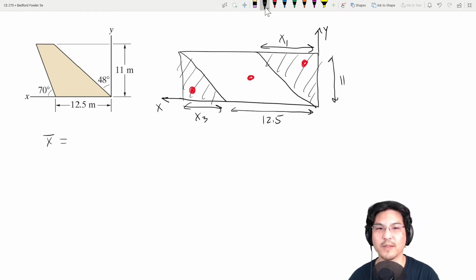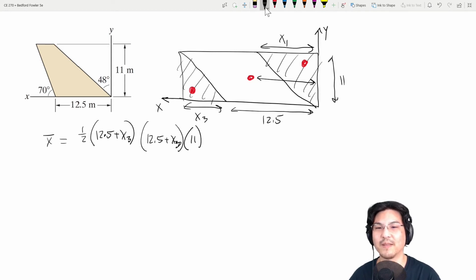So let's start with the rectangle. So here to here is half of the entire rectangle. So half of 12.5 plus x3, and then times the area of the rectangle, 12.5 plus x3 times 11.